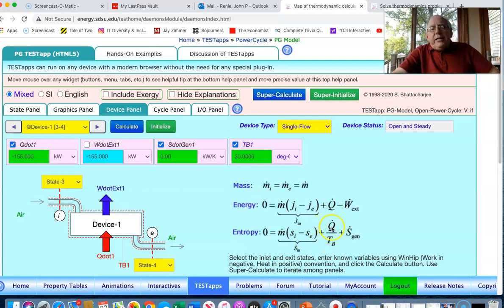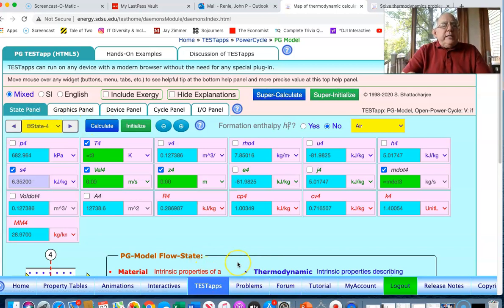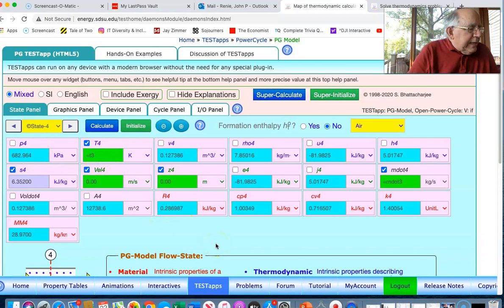And then we have the heat transfer divided by the temperature that the heat transfer occurred from. And so we have everything that we needed for state 4. We see that it calculates the entropy value and the pressure associated with that exit of the compressor. And so we know the temperature and the pressure at the exit.